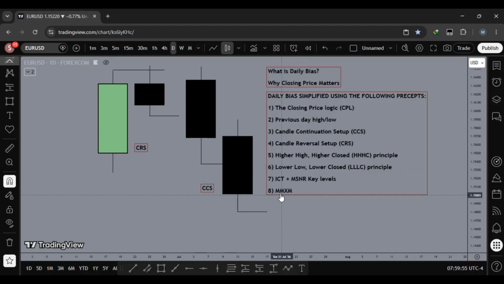Then we'll also look at the market maker buy and sell model. The market maker buy and sell model will caution you that if you are thinking of looking for a bullish bias, you must have a sell side of the curve to complement it, or you have a buy side of the curve for a sell side of the curve to complement. That's how the market does. Because when the market moves up, it leaves fair value gaps.